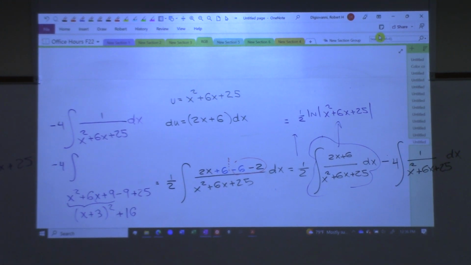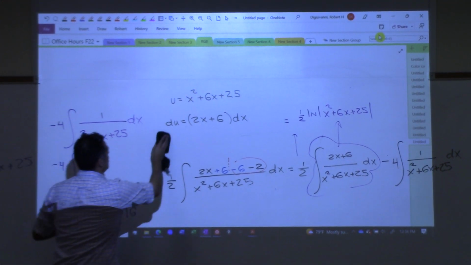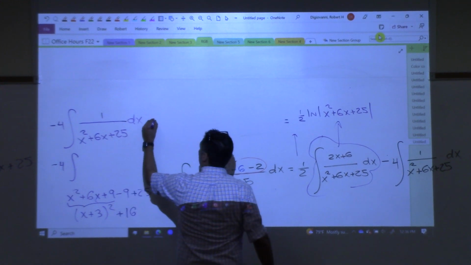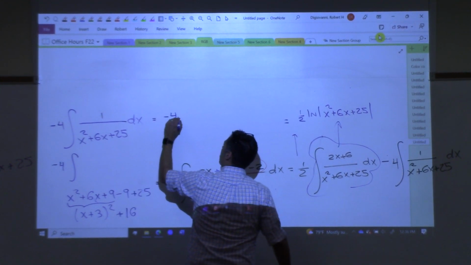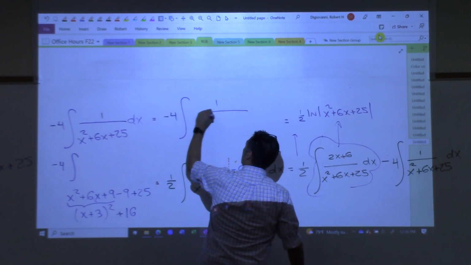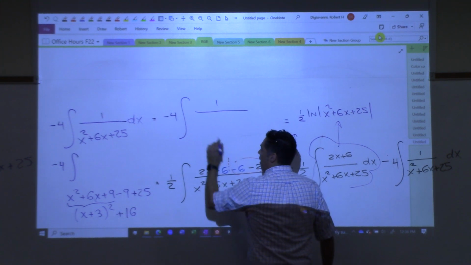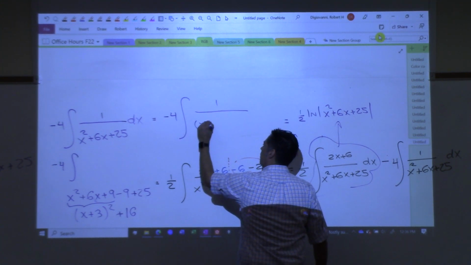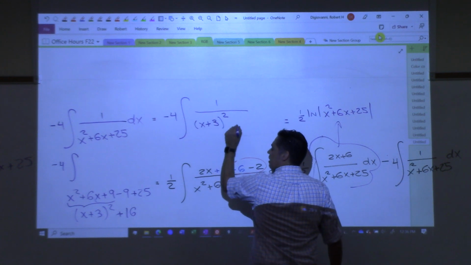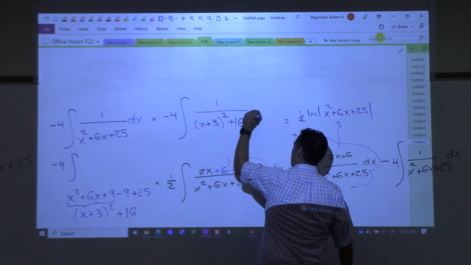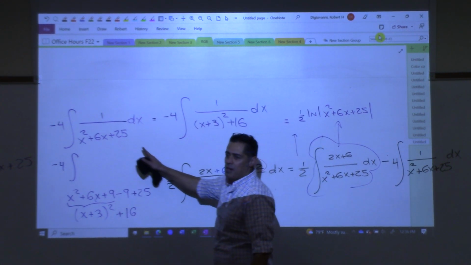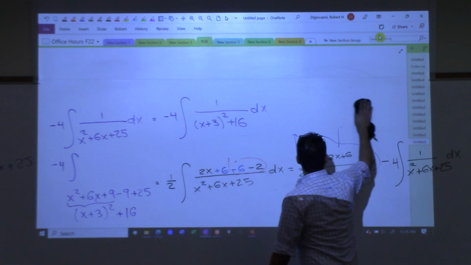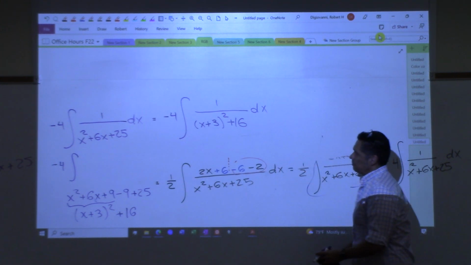Let's finish this up. I only have a couple of minutes. We're almost there. I have this integral equals -4, and then 1 over, okay, the bottom we factored, different square, sorry. Completing the square, right? So we completed the square in the denominator.